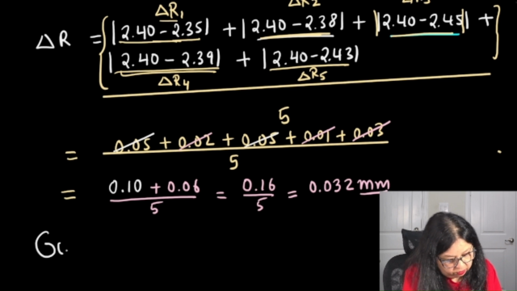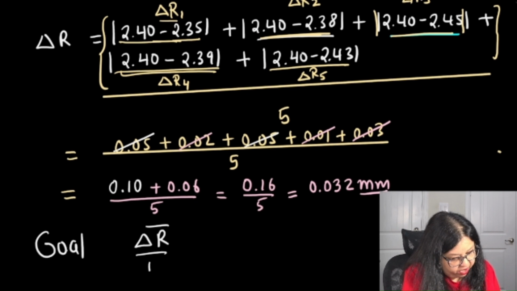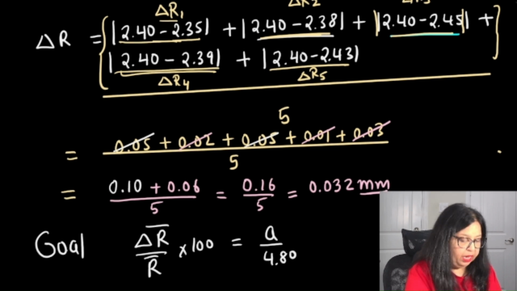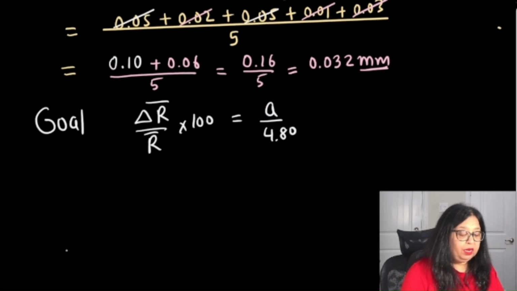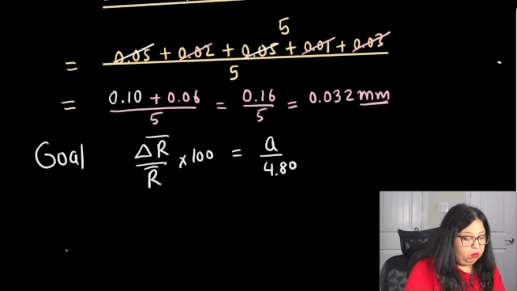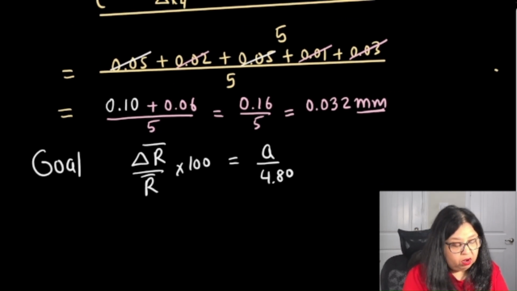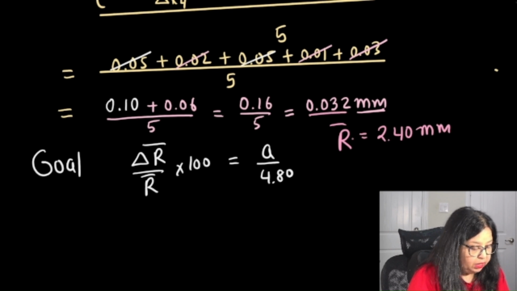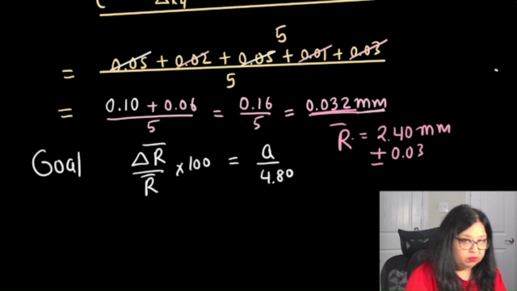Okay. Now what are we actually interested in finding? Our goal was delta R bar divided by R bar times 100 was equal to A over 4.80. And we said solve for what? Solve for A. Delta R bar. Now, in principle, since our R bar is equal to 2.40 millimeters, this delta R bar should round off to 2 decimal places.